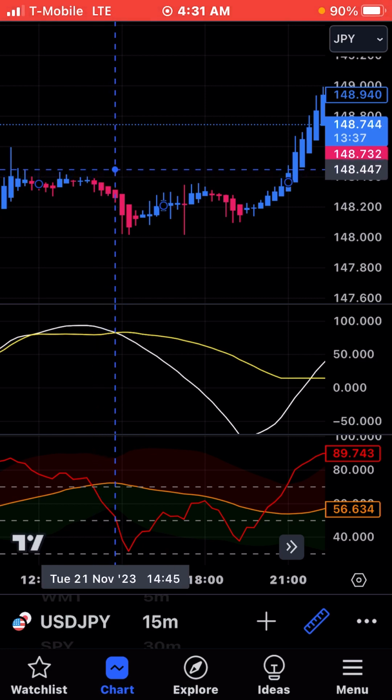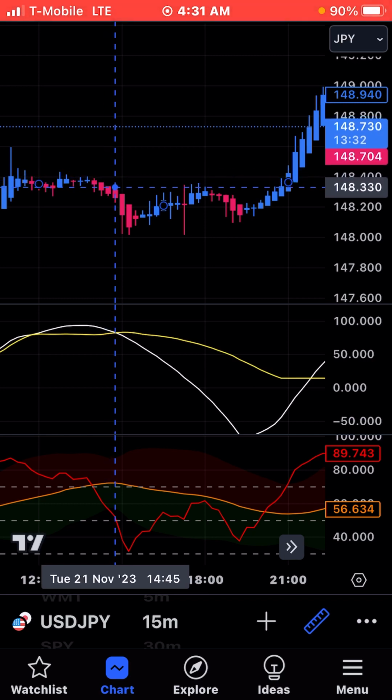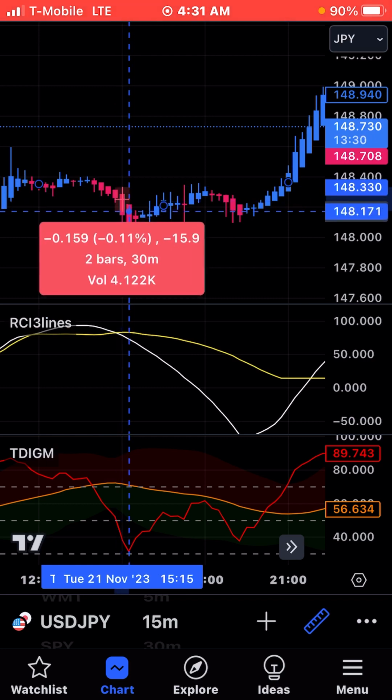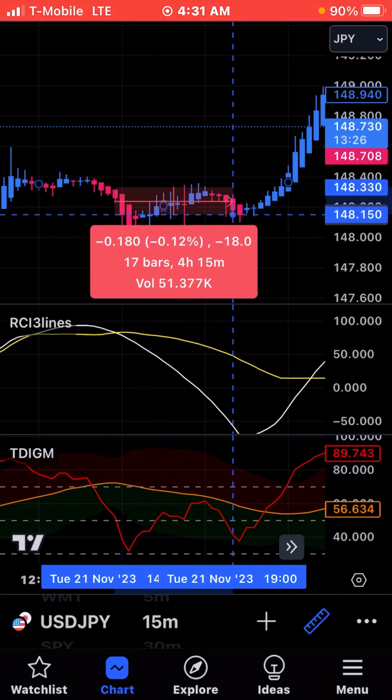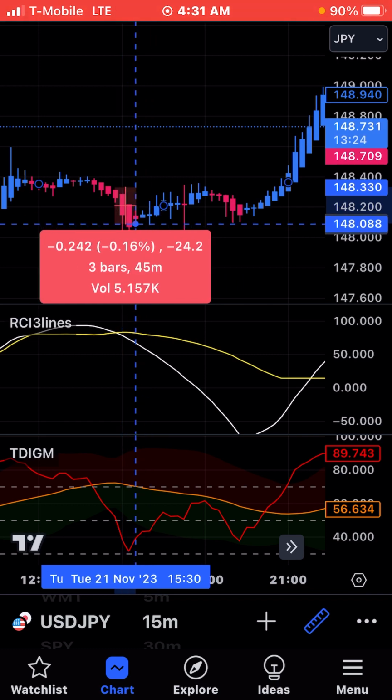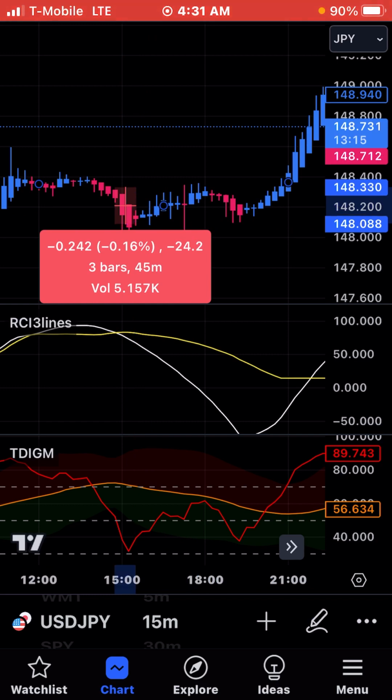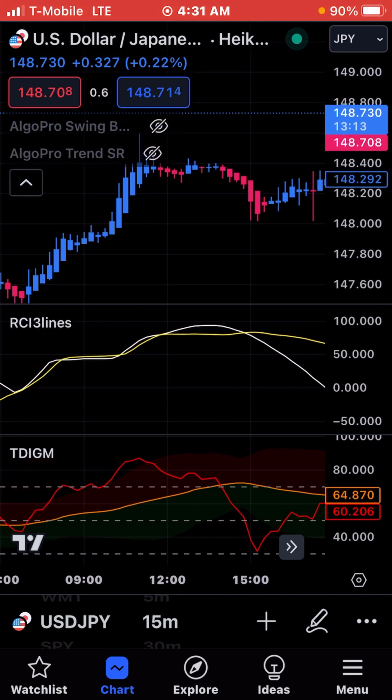So you could still take this trade till, I would take the trade when I'm in profit, but that's all up to you guys. But you could ride this out till maybe here and you'd still be in profit, or you could ride it out to here. It's basically whenever you reach some pretty good profit, I would take profit. So that's just me, but do whatever you guys want to do.